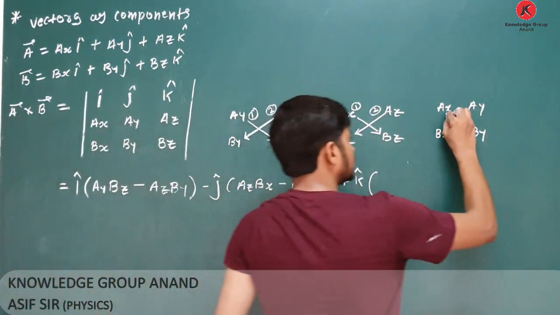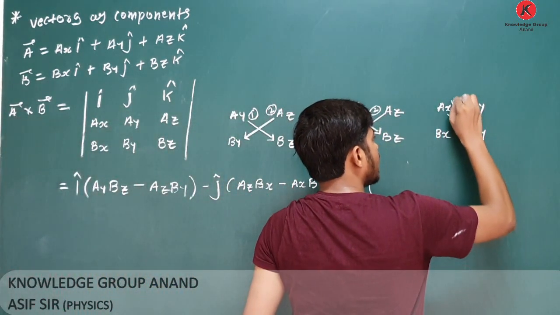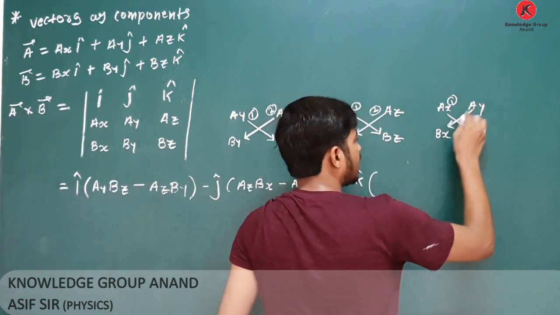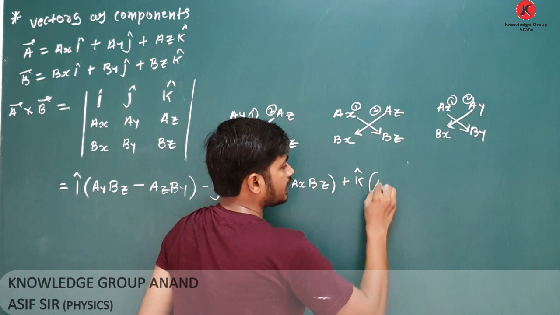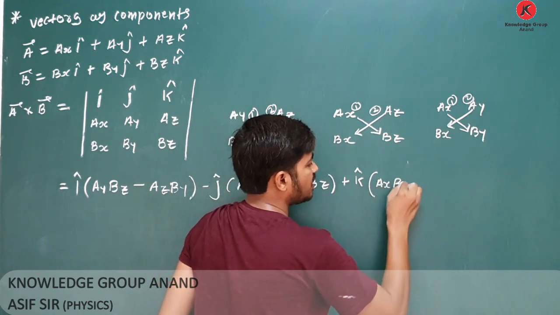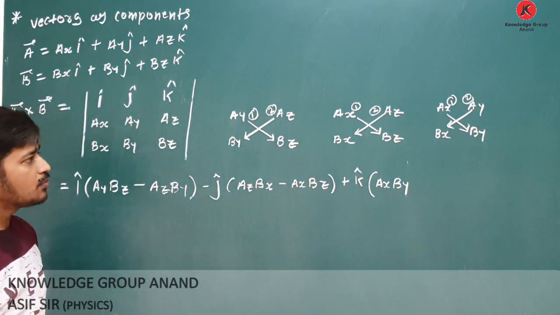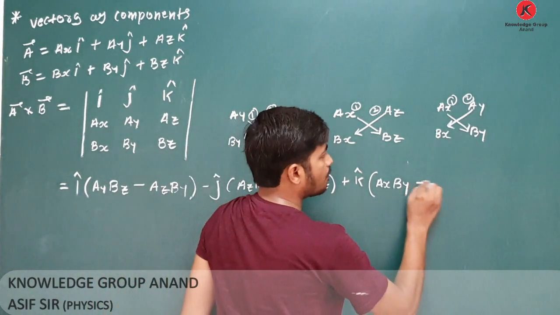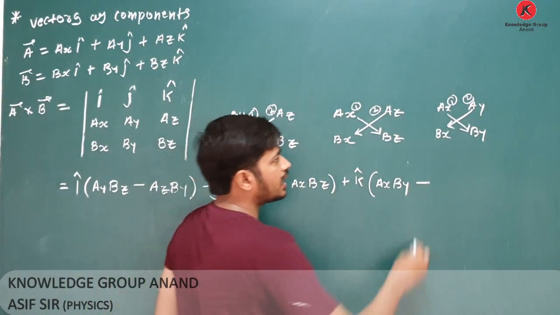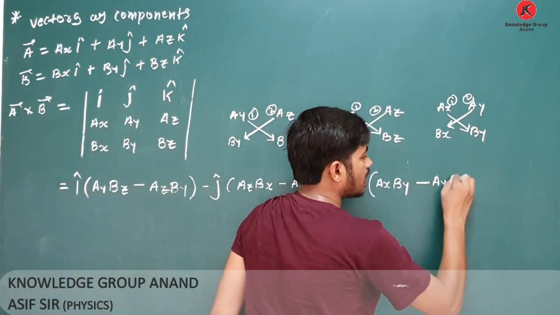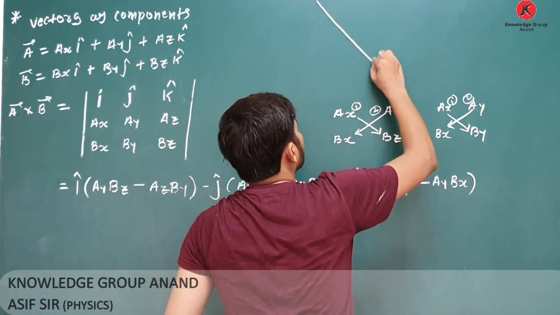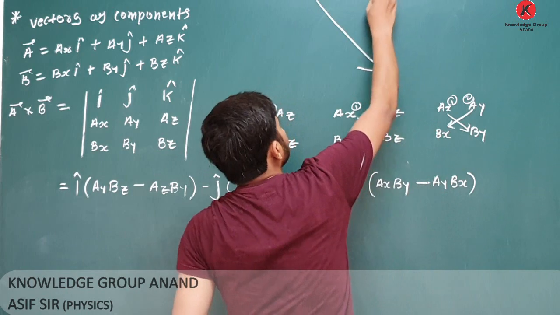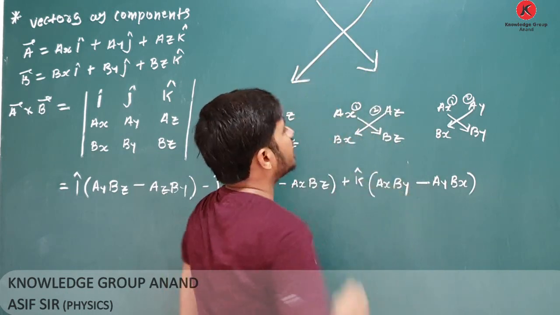First multiplication, always this, and second multiplication in this direction. So what will you get? You will get AX BY minus AY BX. Clear? See, you have to take always first multiplication in this direction and then second in this direction.